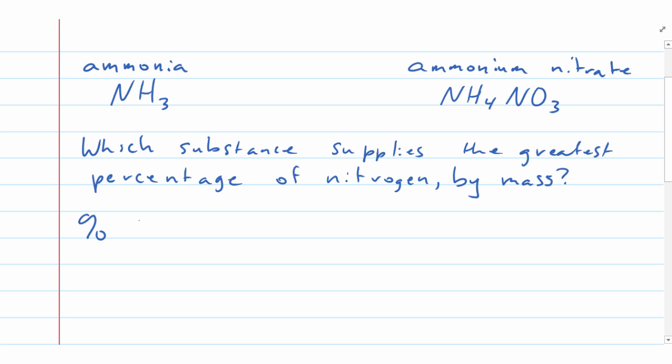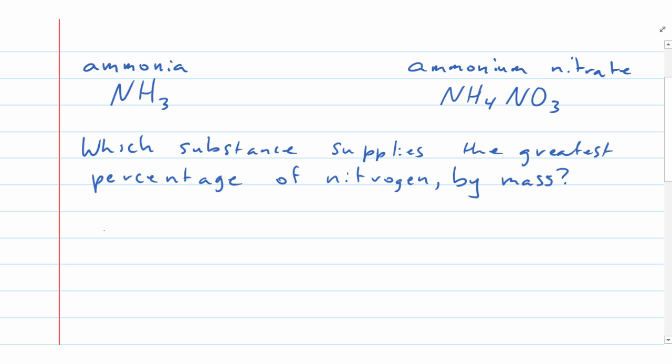Percentages are always found by taking the part, dividing it by the whole amount, and taking that result and multiplying by 100. So again, percentages are always the part over the whole times 100.